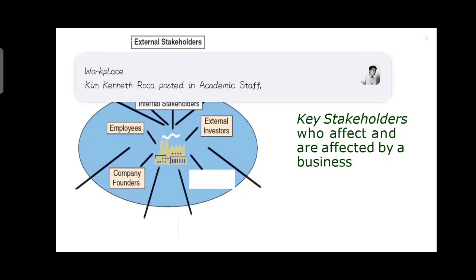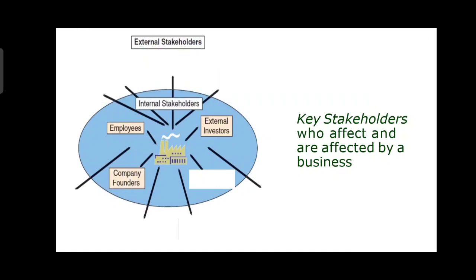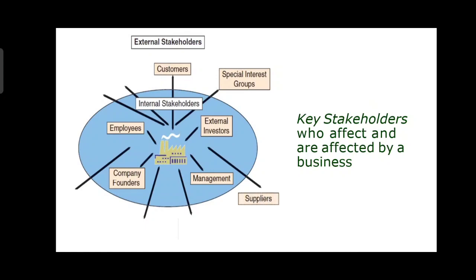Another are those nga company founders nga ma-affected with your decision making. And lastly is the management in your internal stakeholders. For our external stakeholders, of course, number one are the customers nga possible ma-affected. Then special interest groups, or they could be the people nga directly nato nga gitagaan sa ato ang service or products.